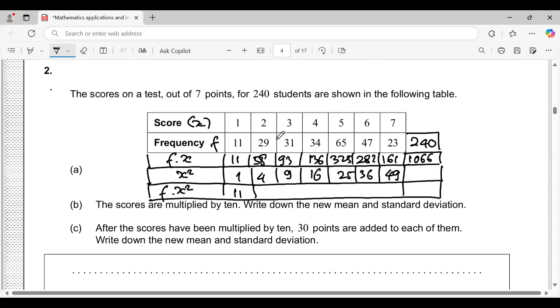Continue, f times x squared: 29 times 4 is 116, then 279, 544, 1,625, 1,692, and 1,127. And sigma fx squared is 5,394.